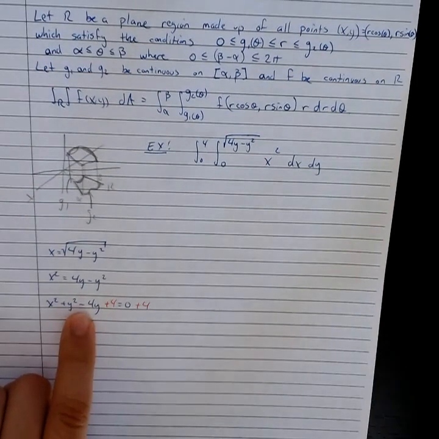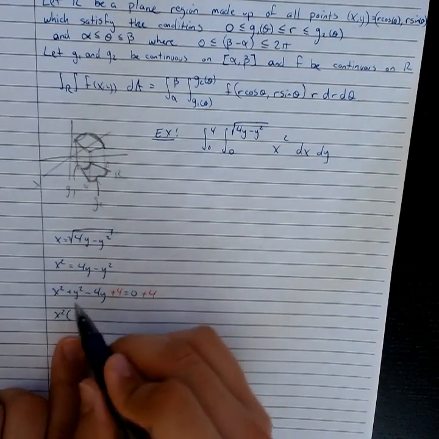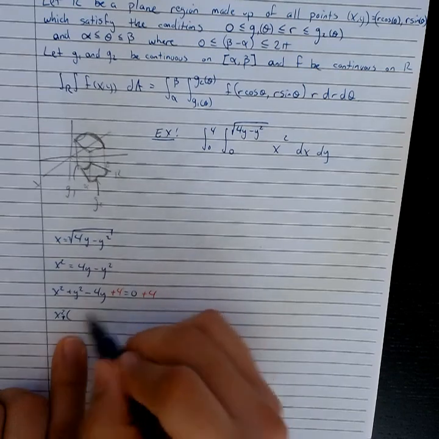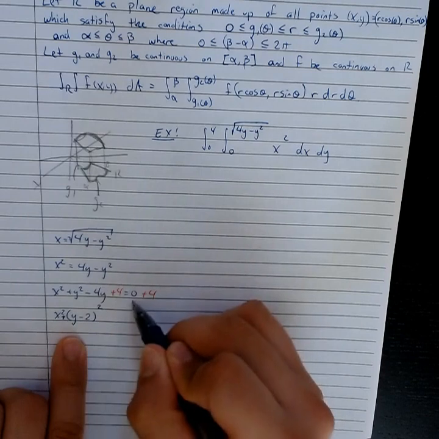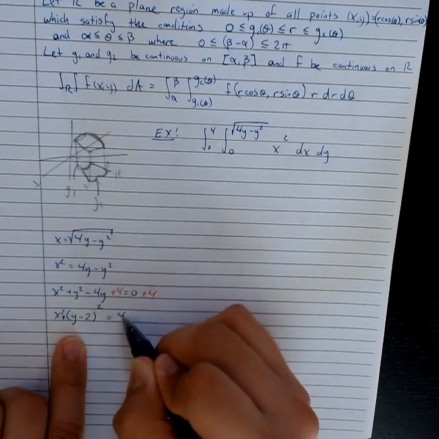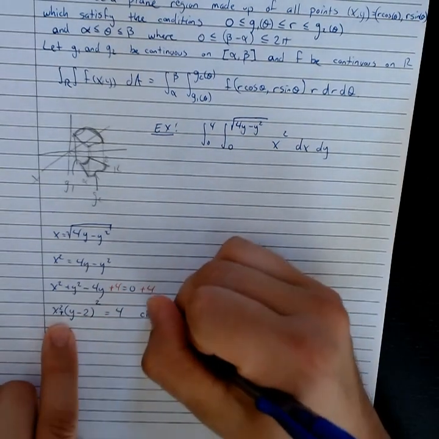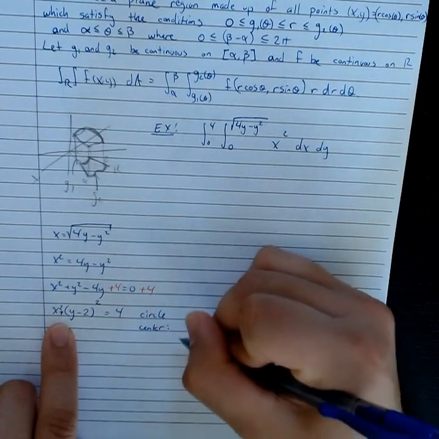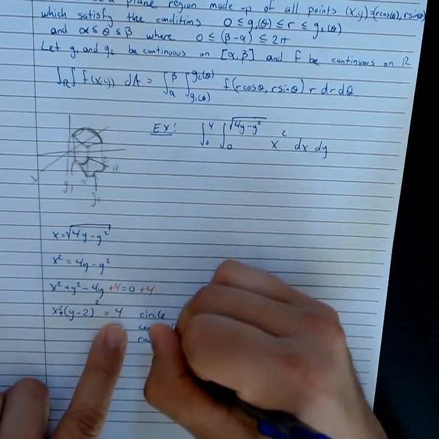Now I can write this as x squared plus y minus 2 quantity squared equals 4. I recognize this. This is the equation of a circle, centered at 0, comma 2, with a radius of 2.